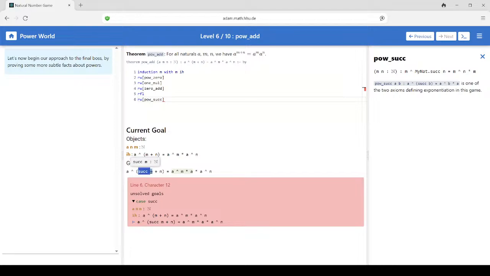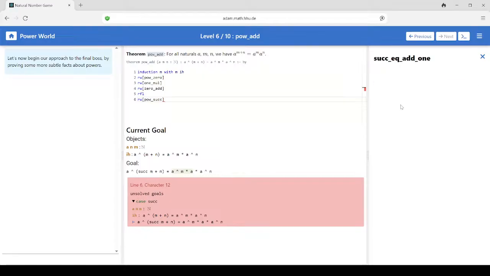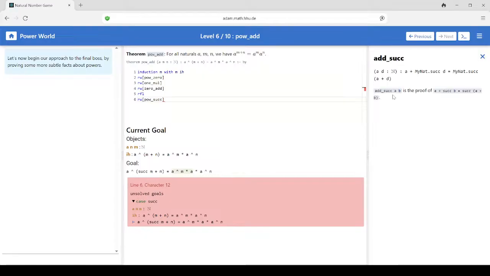What about this side? What can I do here? Should I look through here? I don't think that's the answer.